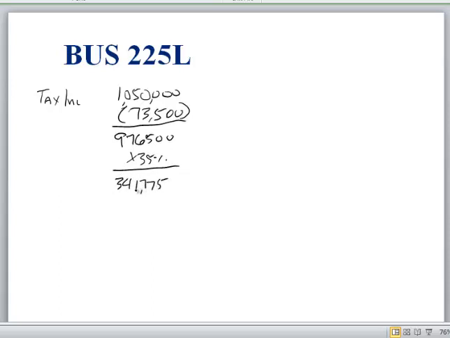341,775. Okay, and then, what did we do next? We calculated our tax. What do we do next? We have to deduct the federal R&D credit. And how much is that? 20. Is it 10 or 20?